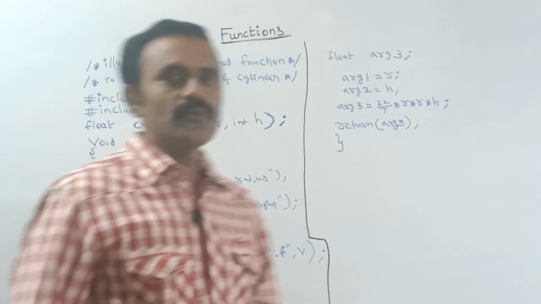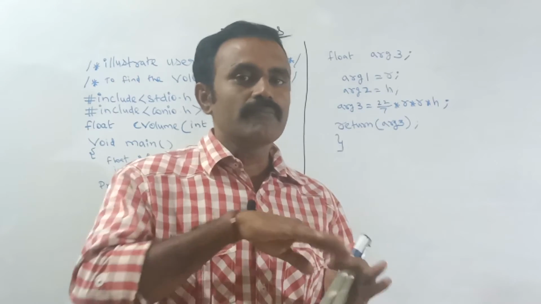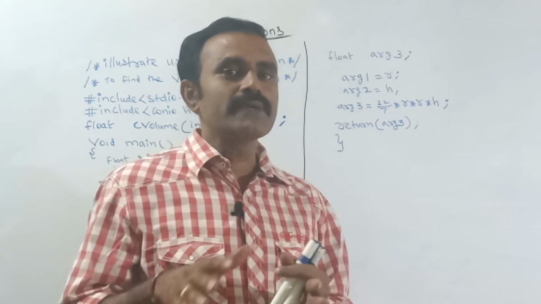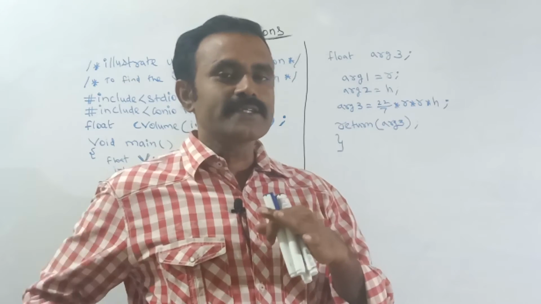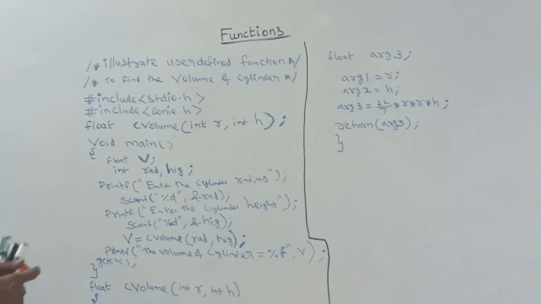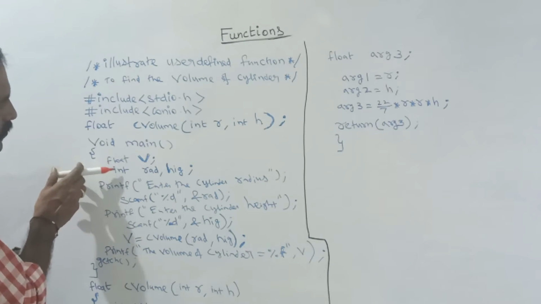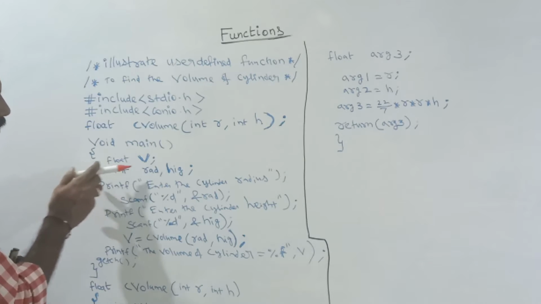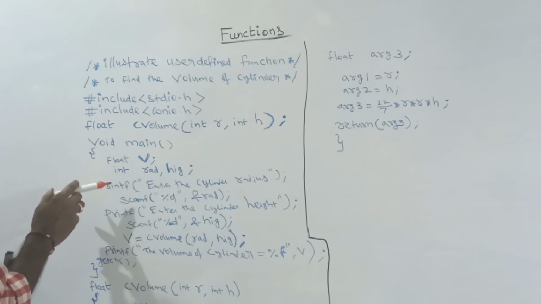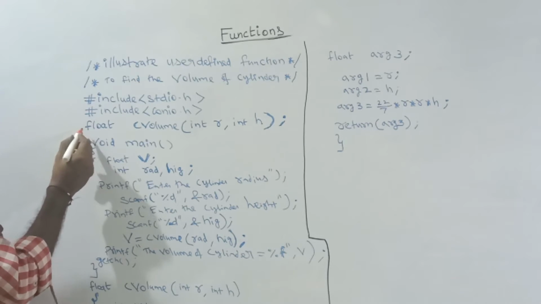Let us see how the values were passed and how the passed parameters were calculated inside the function definition. Before the main function, here is the function declaration.